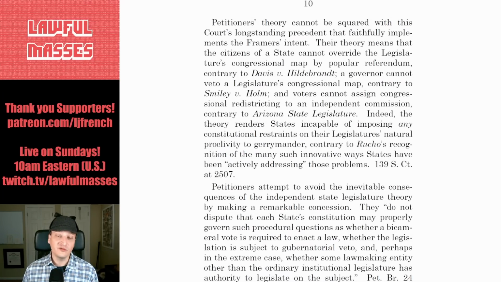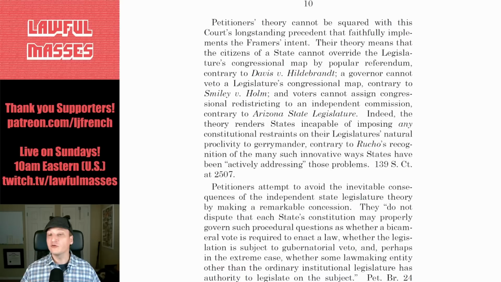Petitioners' theory cannot be squared with this court's long-standing precedent that faithfully implements the framers' intent. Their theory means that the citizens of a state cannot override the legislature's congressional map by popular referendum, which is contrary to Davis v. Hildebrant. A governor cannot veto a legislature's congressional map, contrary to Smiley v.